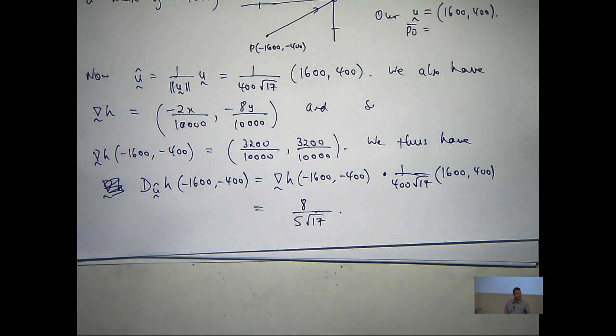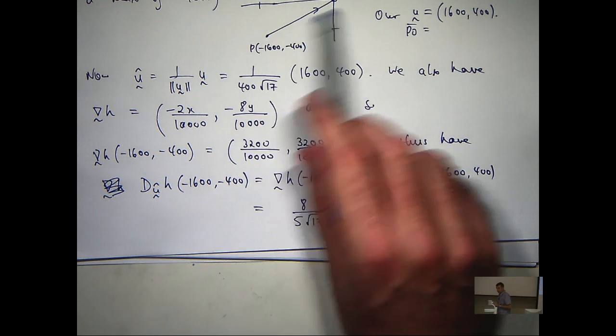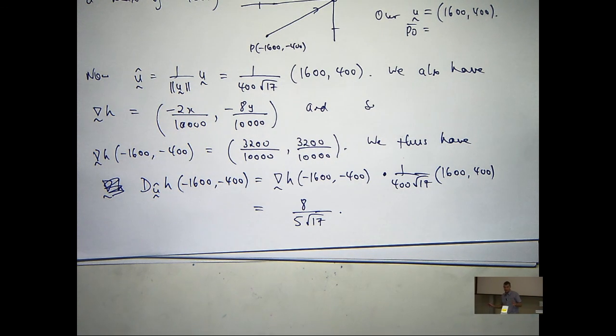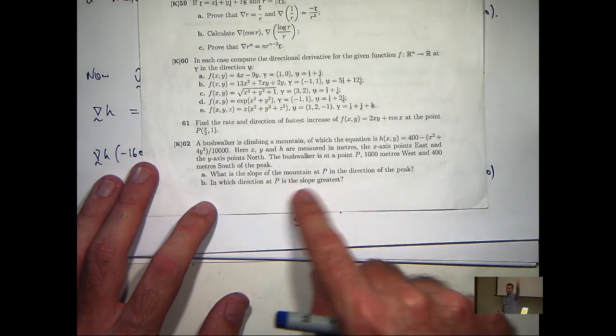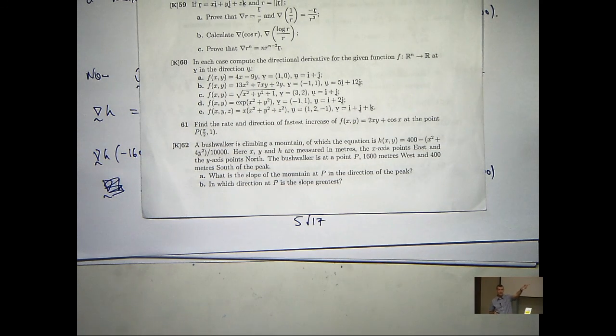So part B then is, in which direction at P is the slope the greatest? So you're looking here, you want to know which direction is the most challenging direction to climb, let's say. So, anybody know how would we calculate the direction at P where the slope of the mountain is the greatest?